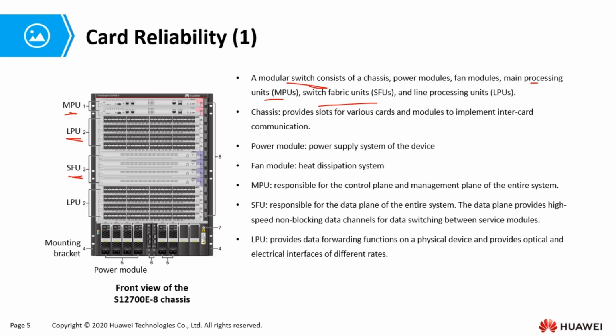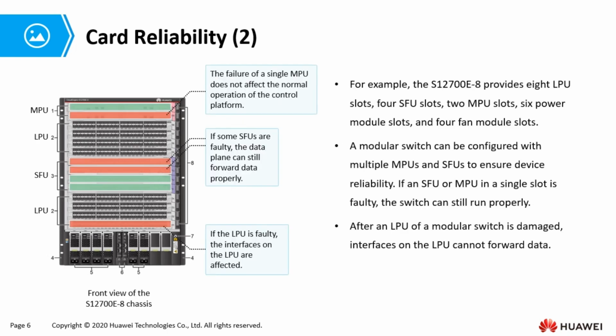Each of these has its own functions. So how do they enable redundancy to handle the failure of a card?